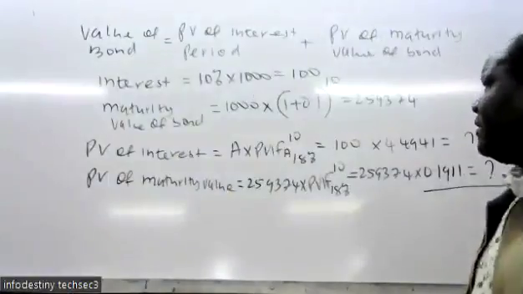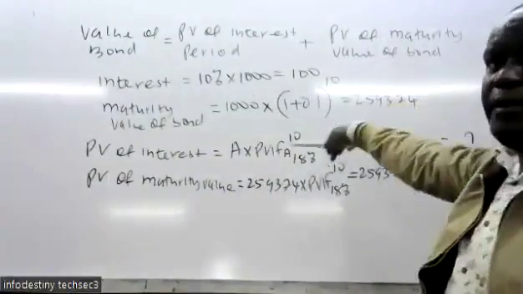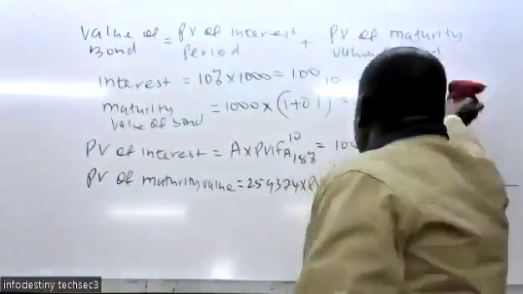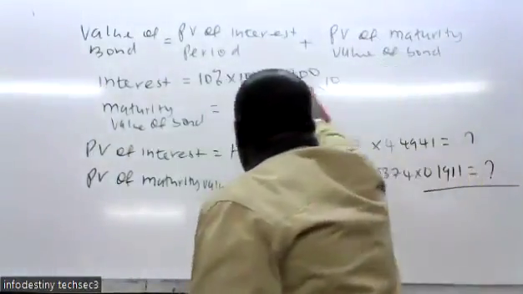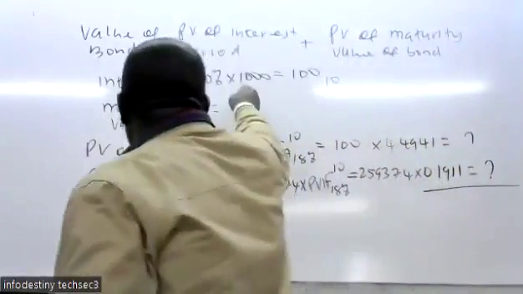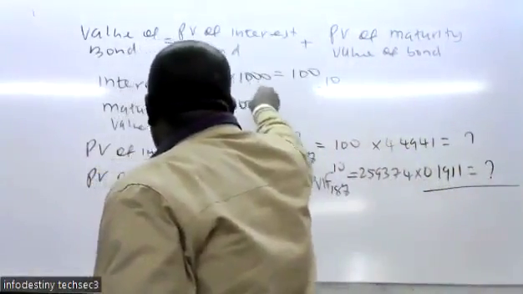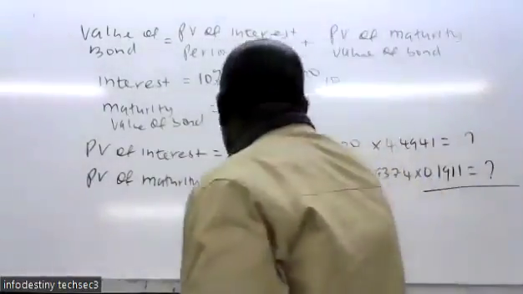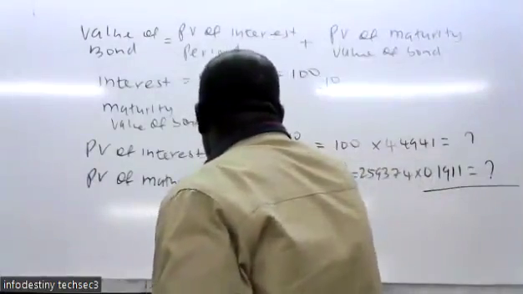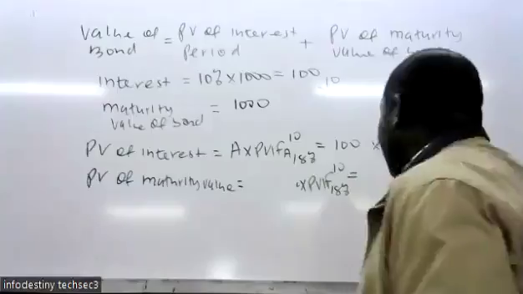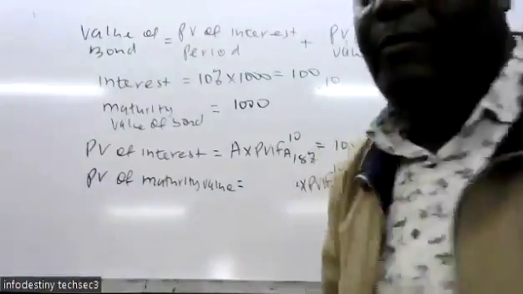So all these details will remain. What has changed is this maturity value. So now our maturity value will simply be the bar value of the bond, which is 1,000. Then the only other item we are going to change: you repeat everything, but now you change this one to the bar value of the bond.